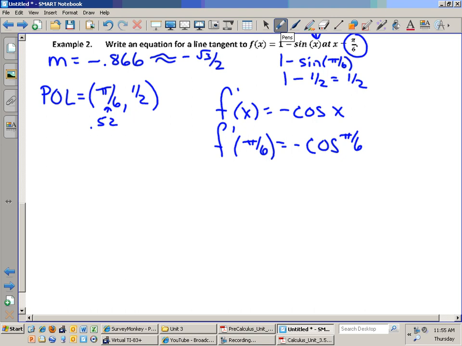So in order to find the equation for the line, I have y equals mx plus b. My y value is 0.5. My m value is negative 0.866. My x value is 0.52 plus b.